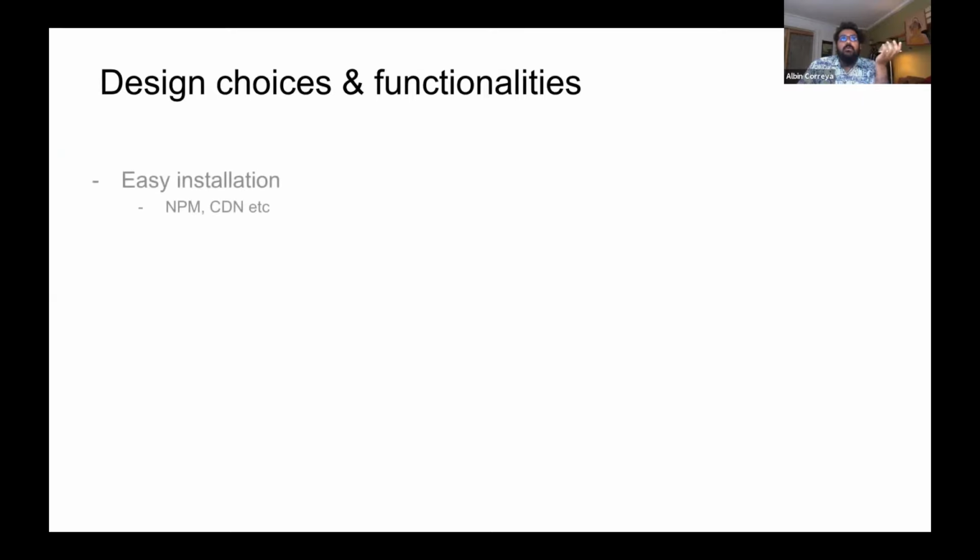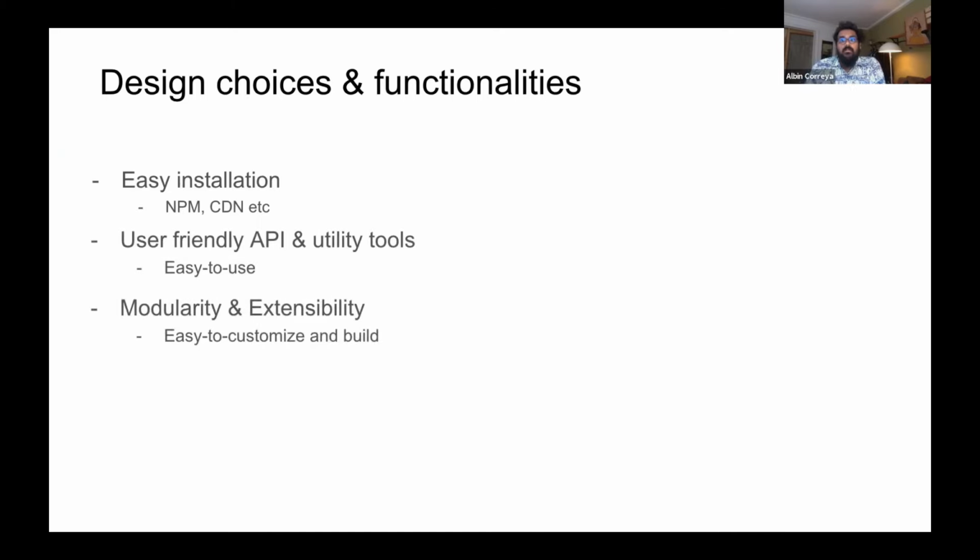It should be easily installable, like using npm, yarn or any package managers, or having some CDN URLs where you can easily integrate it into your project. And we want the API to be as simple as possible. It should be modular, as we saw in our native library, and we should be able to customize each algorithm and also allow building smaller builds of the library with only a few algorithms included.